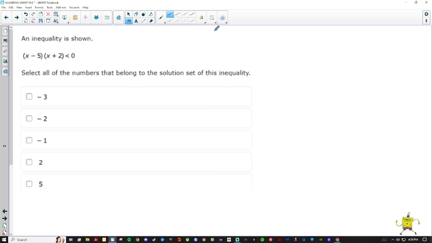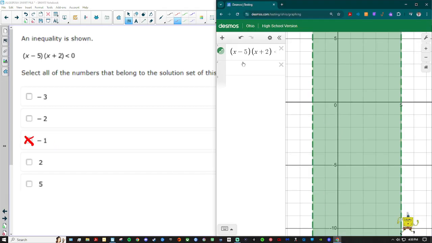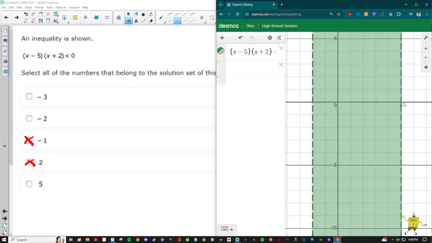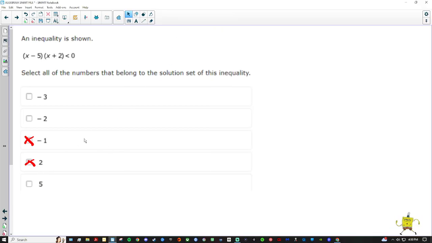So that's good. 2 is in the shaded region. So 2 is good. 5 is on the dotted line. So that is a no-go. So your answers are -1 and 2. Remember, the boxes mean that you select all that apply. So make sure you select more than one.